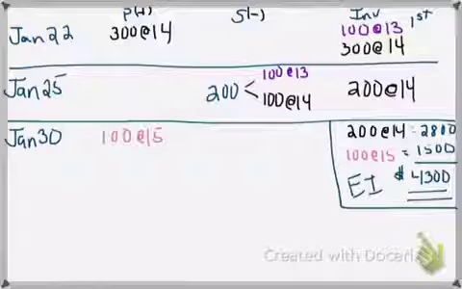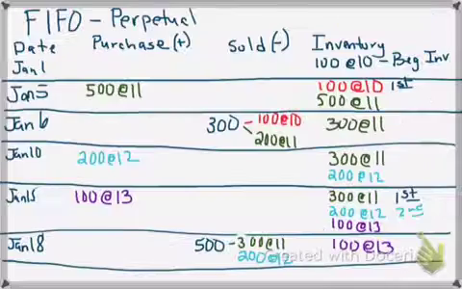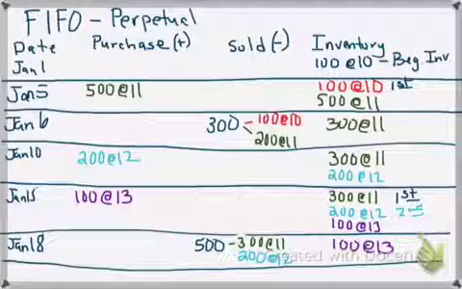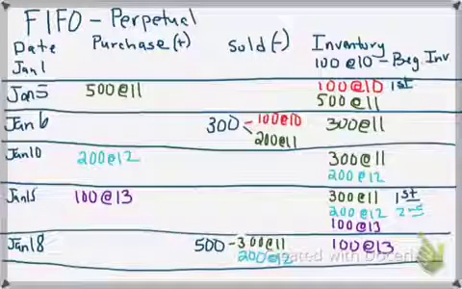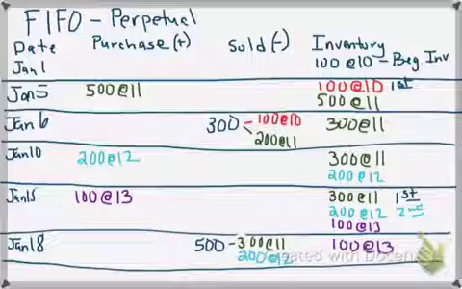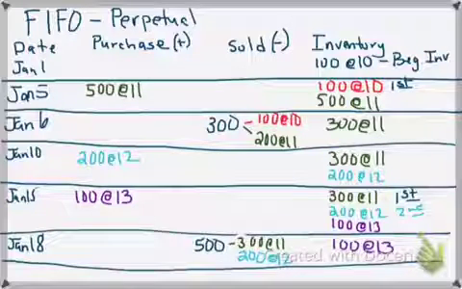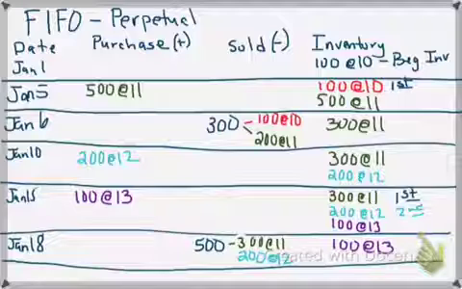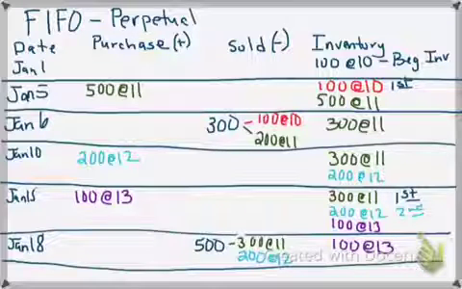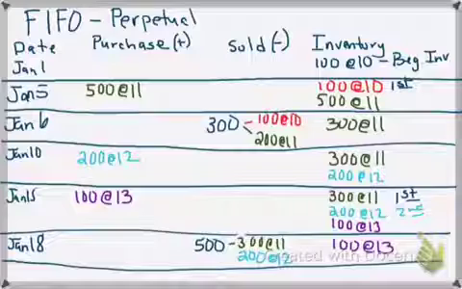Now, in figuring out my cost of goods sold, what I have to do is I have to start here with these units, and I have to total up what I actually have. So I would take the 300 units that I sold. I have 100 at 10, 200 at 11.